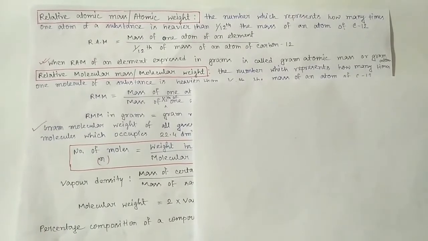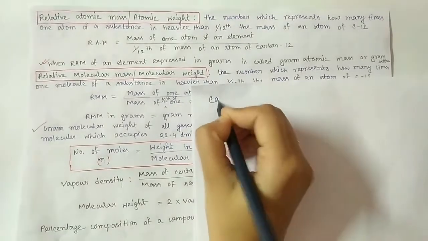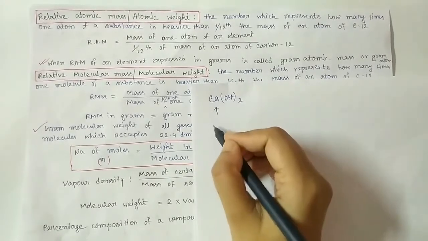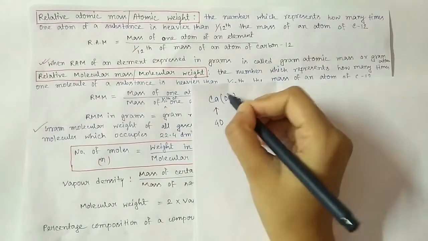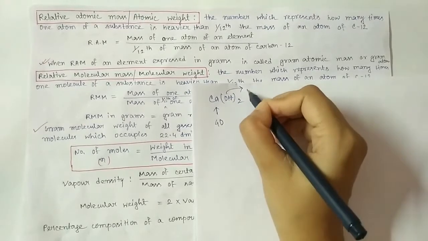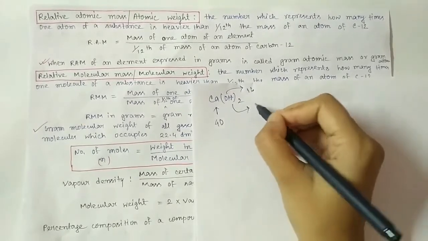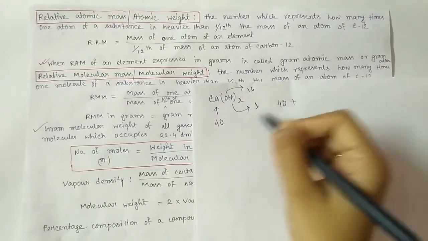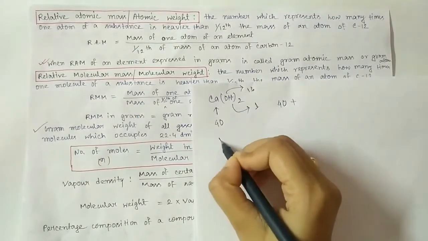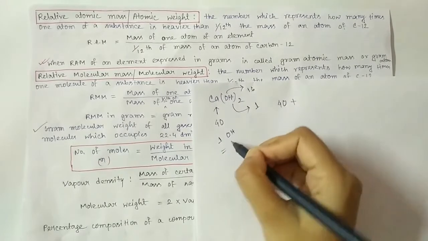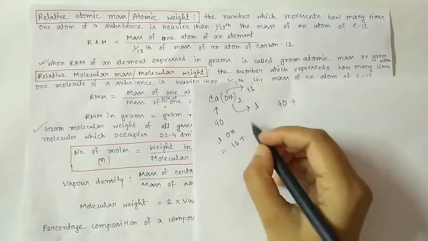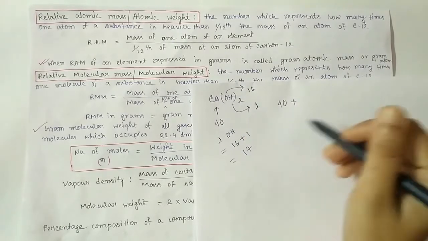Okay. Now for example, you are asked to determine the molecular mass of Ca(OH)2, calcium hydroxide. It is given that the atomic mass of calcium is 40, of oxygen is 16, and of hydrogen is 1. So 40 plus, as there are 2 OH and 1 OH is 1 atom of oxygen, that is 16, plus 1 atom of hydrogen is 1, equal to 17.